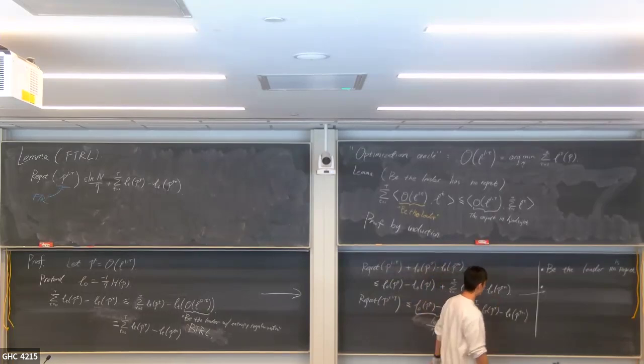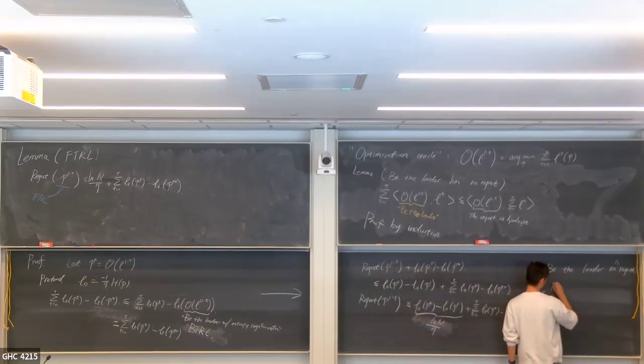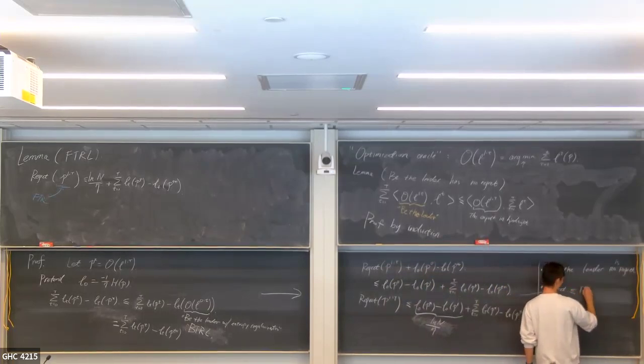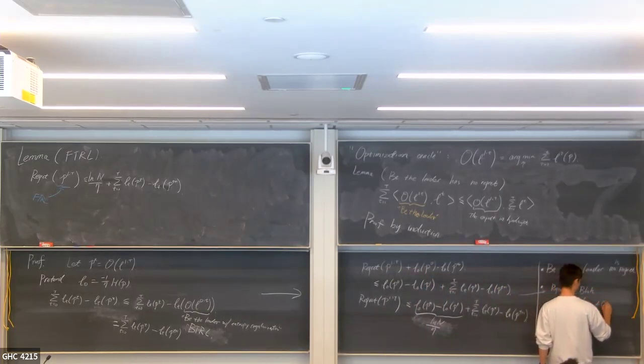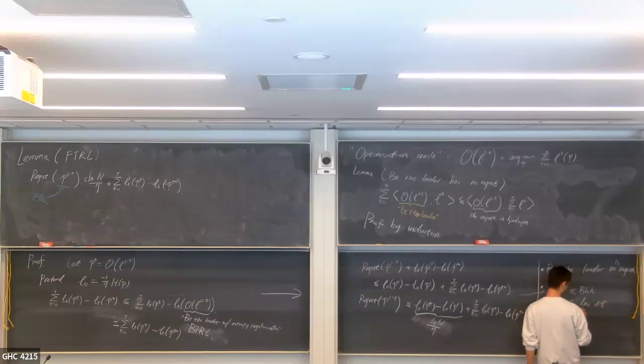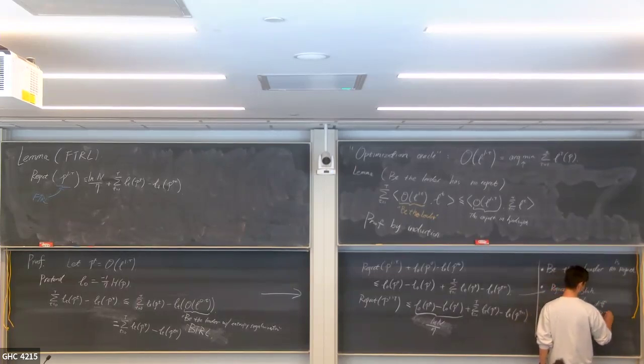So this is sort of saying the regret is less than some blah plus the loss difference between be the regularized leader and follow the regularized leader.